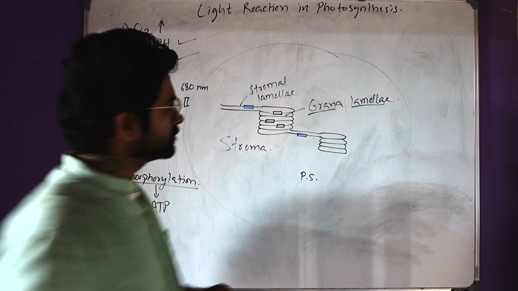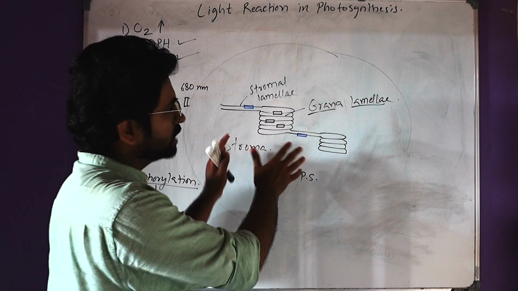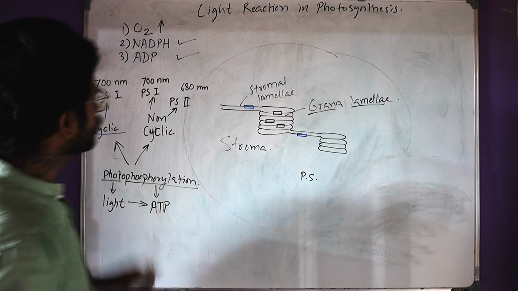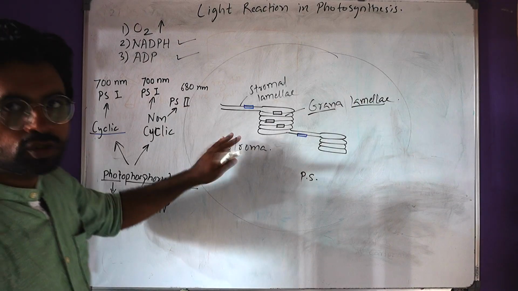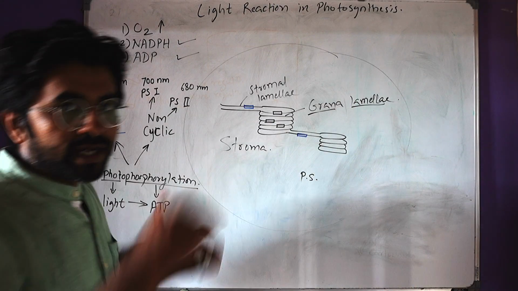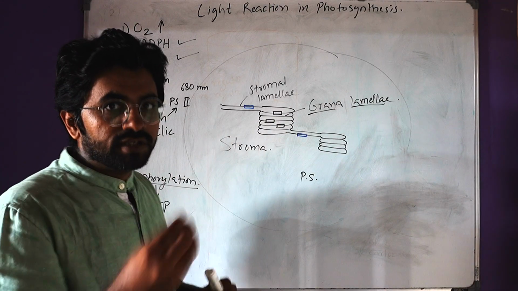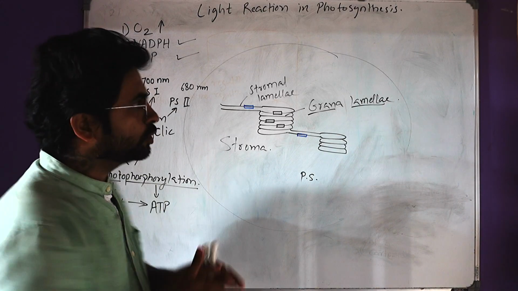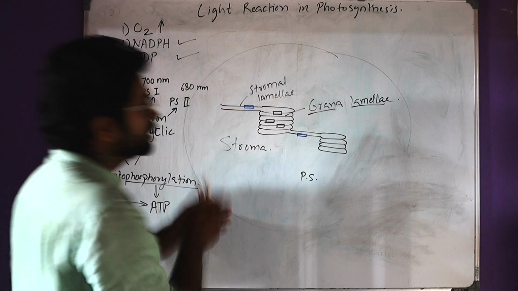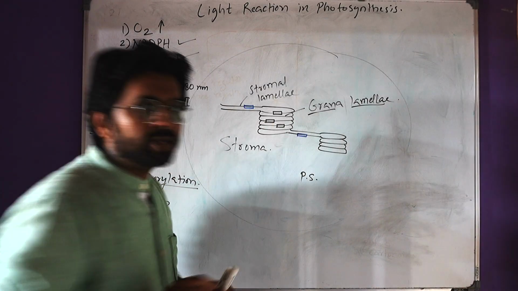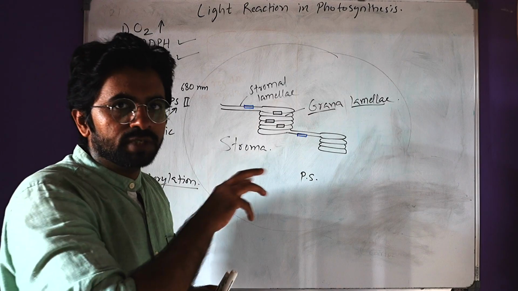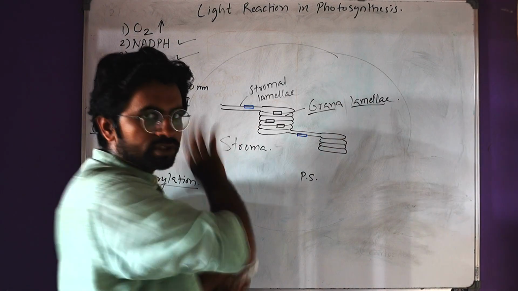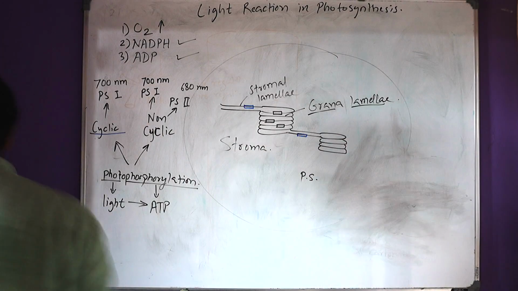Okay, so now I am removing the whole diagram and I am telling you in detail what is cyclic and what is non-cyclic. After explaining that, we will draw both here on the membrane of stroma lamellae and grana lamellae. But first we will understand what is cyclic and non-cyclic. So for now I am removing it.